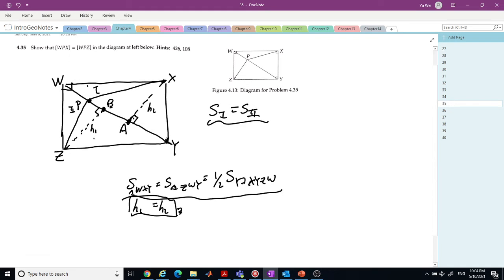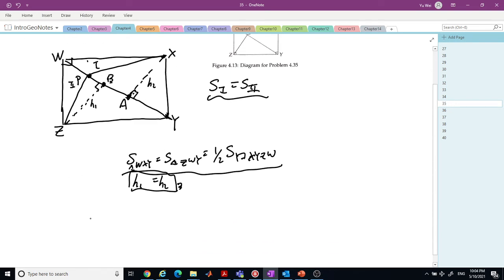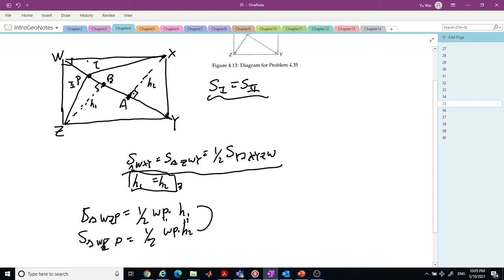If H1 equals H2, then the triangle WZP is equal to half of WP times H1, and the triangle WXP is equal to half of WP times H2. So H1 equals H2, WP equals WP, so they are equal.